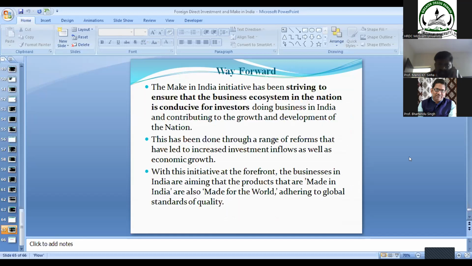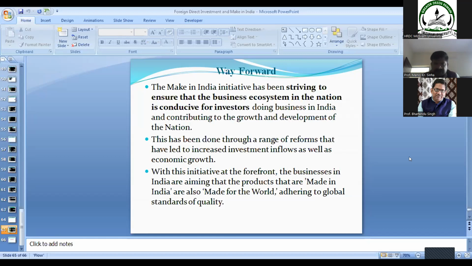With this, we can conclude that the Make in India initiative has been striving to ensure that the business ecosystem in the nation is conducive and investor friendly, and the level of infrastructure must increase as per the expectation of the foreign investor.